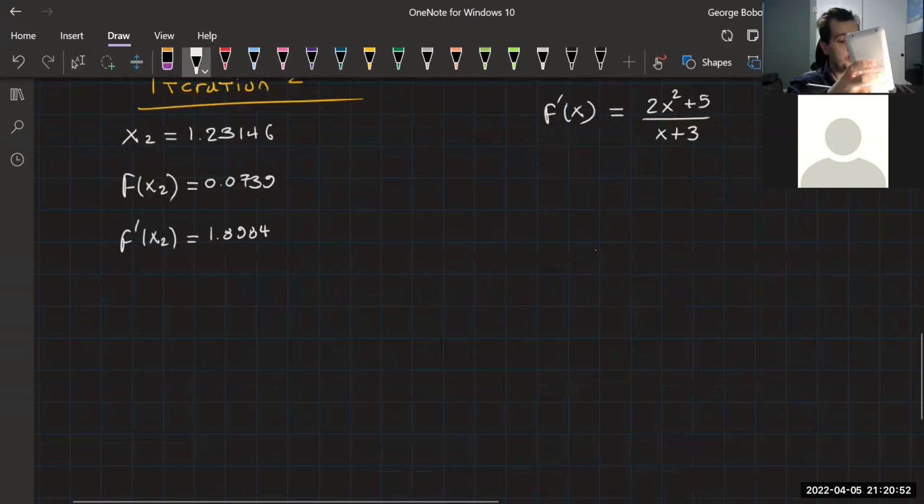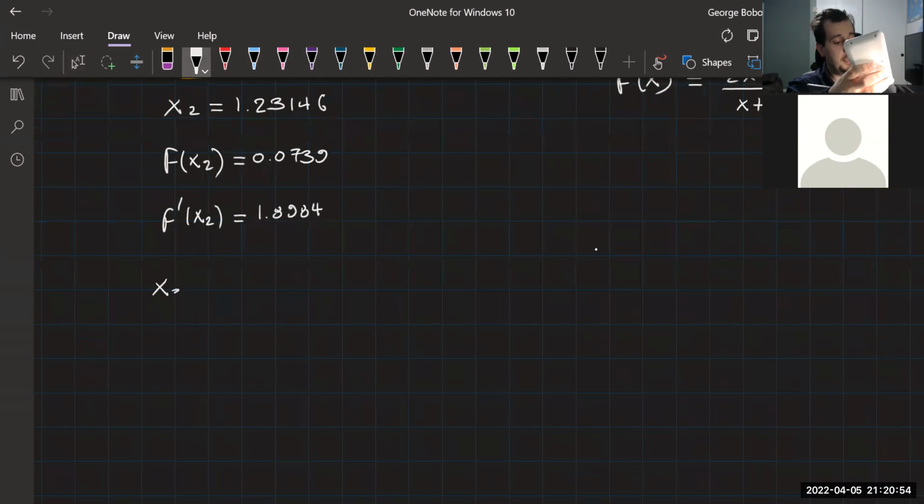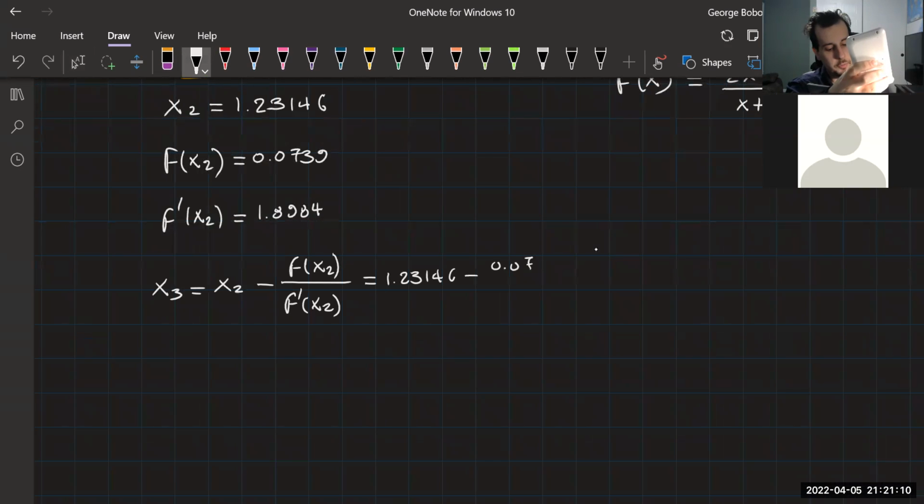To get the next guess, we take the previous guess and subtract the function at the previous guess over the derivative at the previous guess. So 1.23146 minus 0.0739 over 1.8984. Okay.